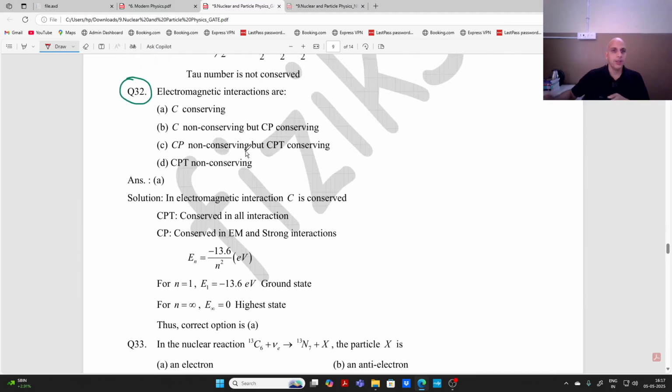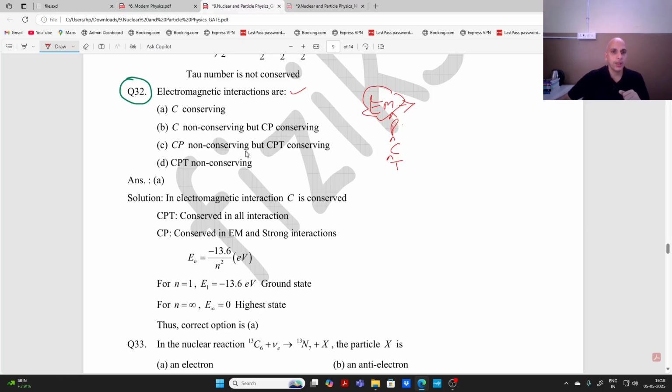Now, electromagnetic interactions. We know very well that EM interactions conserve parity, conserve charge conjugation, conserve time reversal. All these symmetry operations are invariant for electromagnetic interaction, or they are conserved.